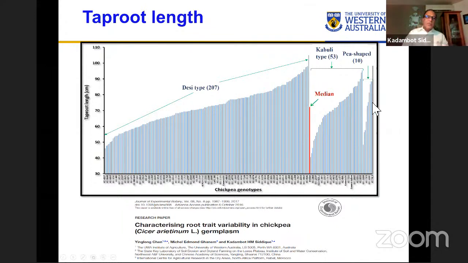So the take-home message here is that the semi-hydroponic system which we developed was able to identify and screen the mini core or the reference set efficiently, and we were able to measure about 35 traits.